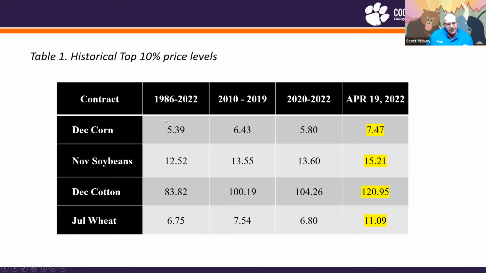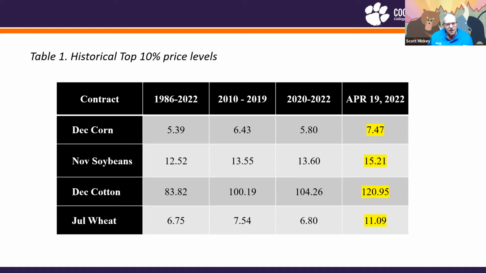Over that period, corn has been less than $5.39 a bushel 90% of the time. So if you sold corn in that period for $5.40, you were in the top 10 prices available for the last 36 years.